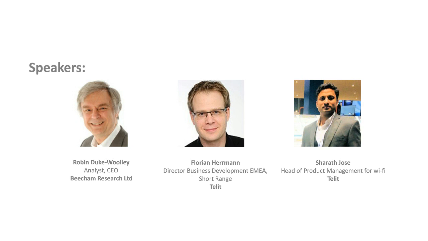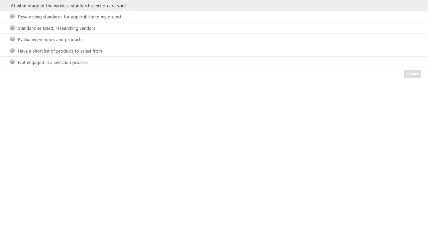Please remember that your replies are anonymous, so just click on one answer and then we'll see the results immediately afterwards. The poll question is: at what stage of wireless standard selection are you? Are you researching standards for applicability to your project?